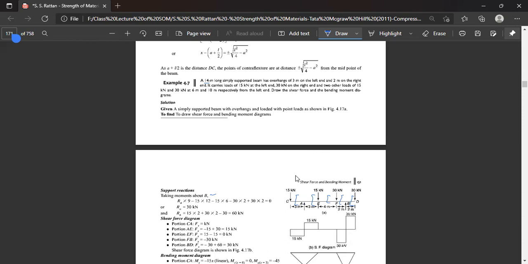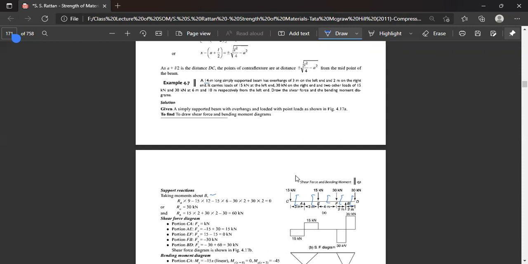For the portion CA, from here to here, only one force is acting, that is 15 kilonewton, acting downwards. So the shear force will be negative 15, since when the force on the right portion is acting upwards, it is just opposite in nature. The shear force between C and A is equal to 15 kilonewton, negative in nature.